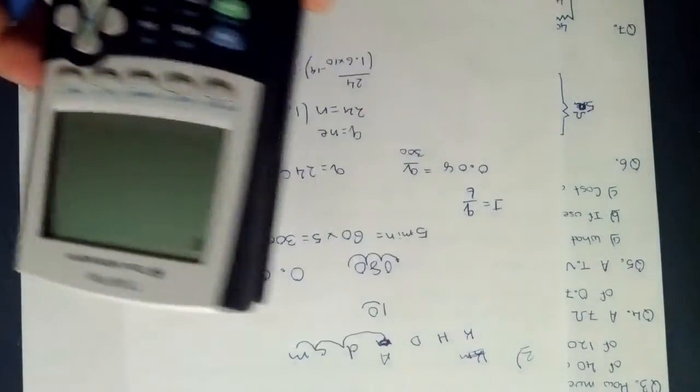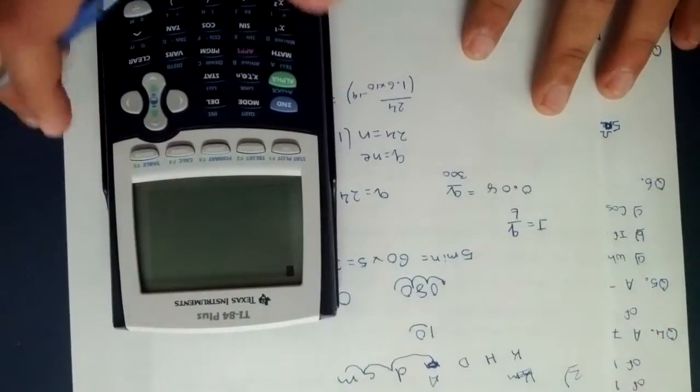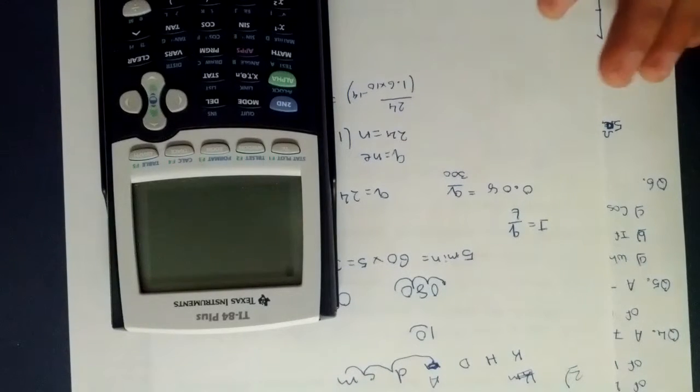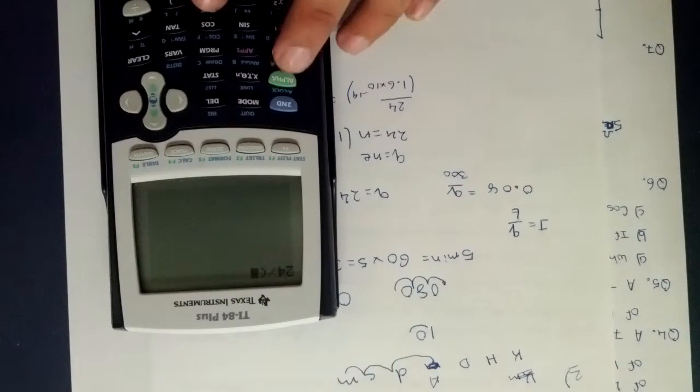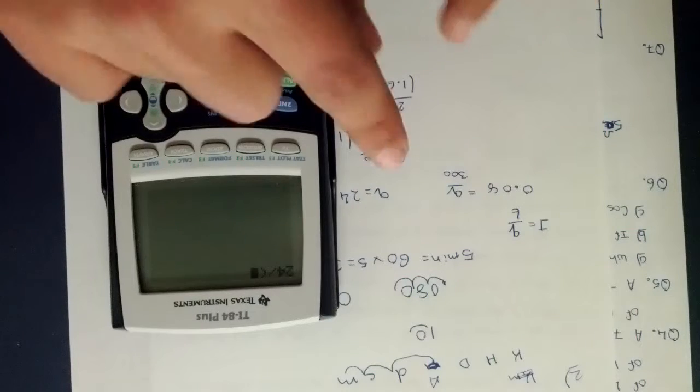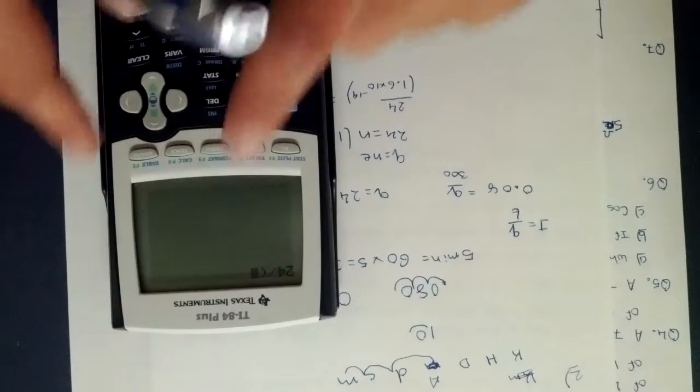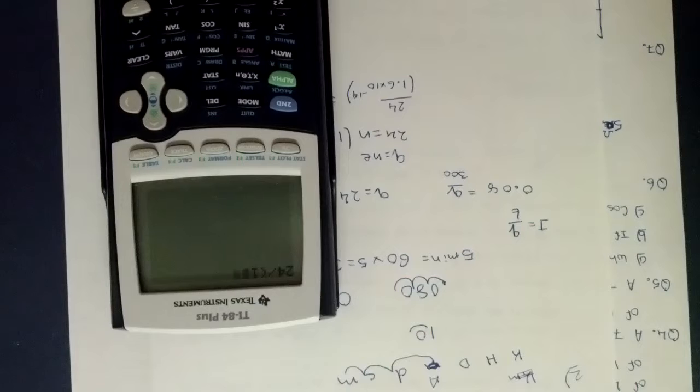Oh yeah, and if you're doing it on a calculator, make sure you don't forget the brackets, because that could really mess your answer up, and you would get points deducted. 24 divided by, so if you can't see it, I'm just writing this in the calculator. 1.6 times 10 to the power negative 19.